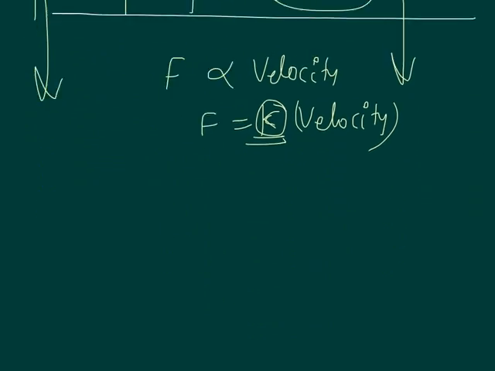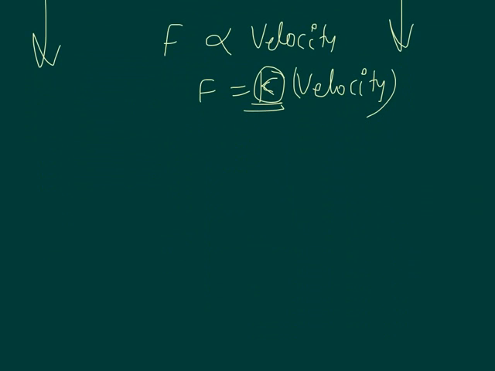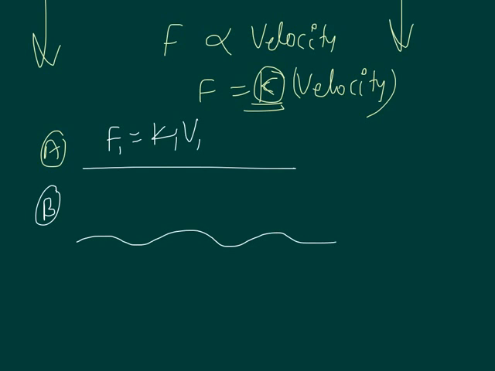If you observe clearly here, for some surface, say for example this is surface A, force equal to K into V, F1, V1, K1. For surface B, suppose that is something like this. If you apply the same force here, the velocity will be different from this.